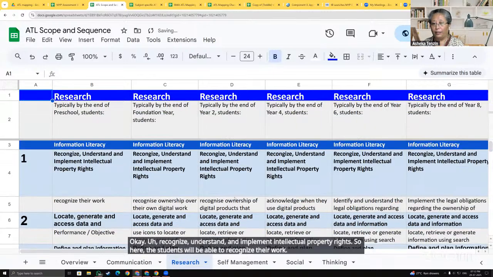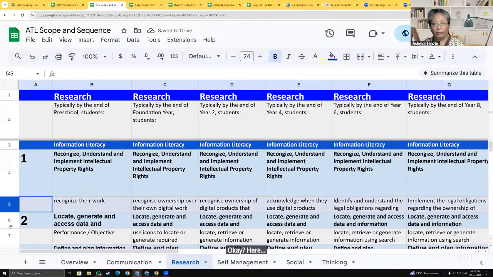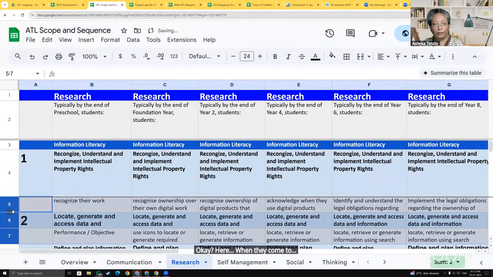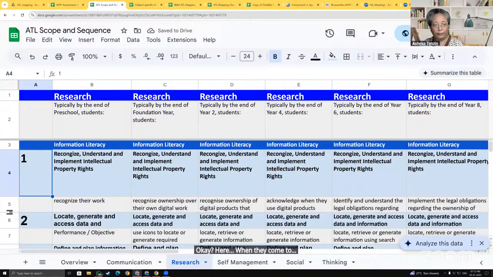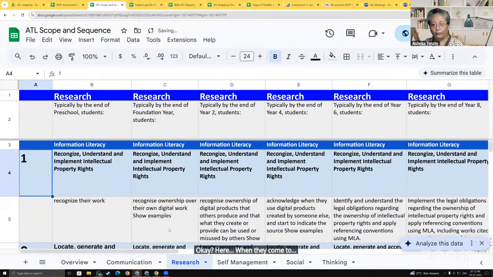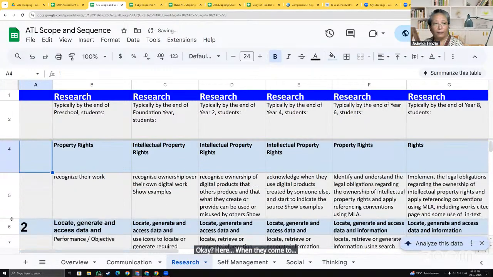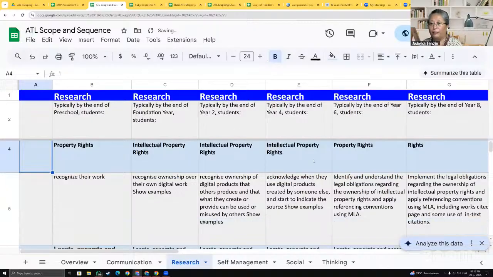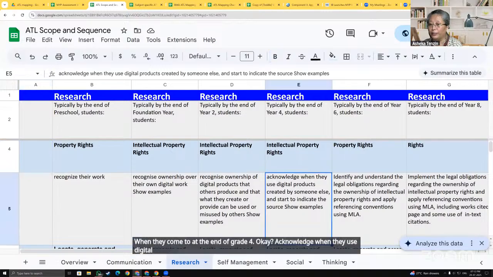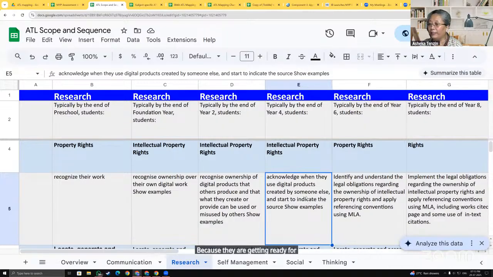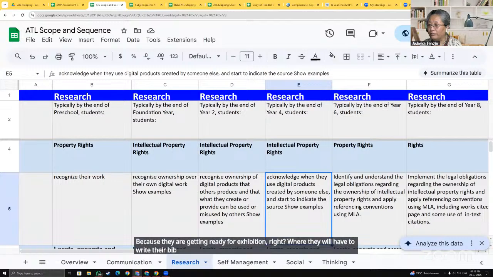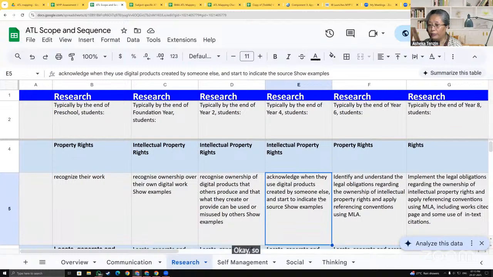Then at the end of grade 4, acknowledge when they use digital products created by someone else and start to indicate the source, because they are getting ready for exhibition, where they will have to write their bibliography. So they should know, and start doing that.